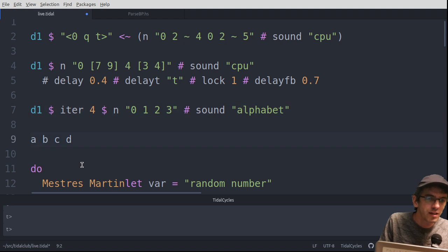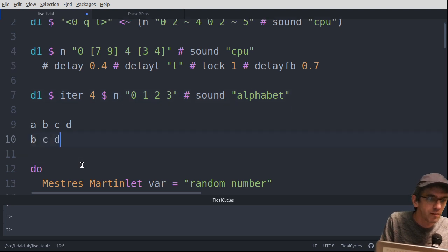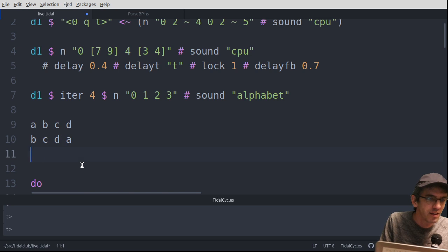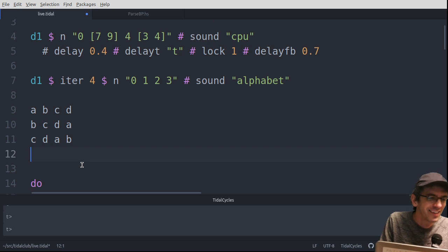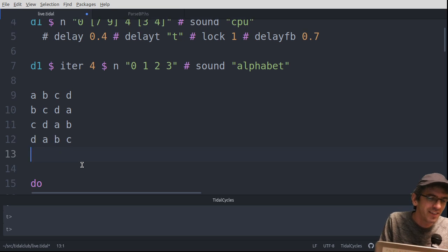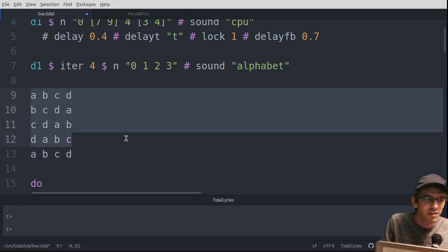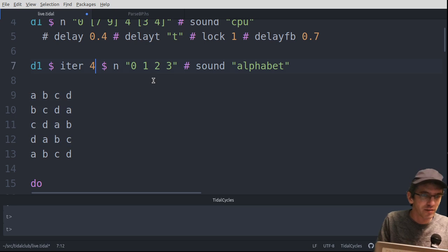So the first time it will shift it and end up like this, and then it'll be like this, and then D, A, B, C, and then finally it'll get back to where it was. So it had 4 cycles before it gets back to where it was, which is what that 4 represents.